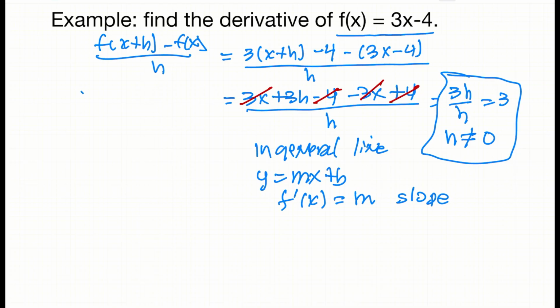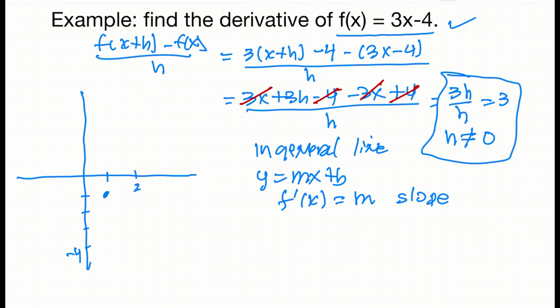So let's plot our original function here. I'm plotting this. So at x equal to 0, it's minus 4. Now at 1, it's going to be 3 minus 4, which is minus 1.